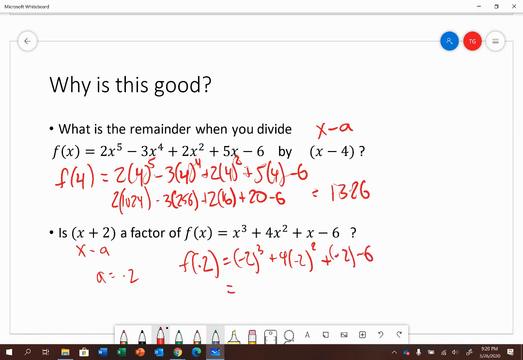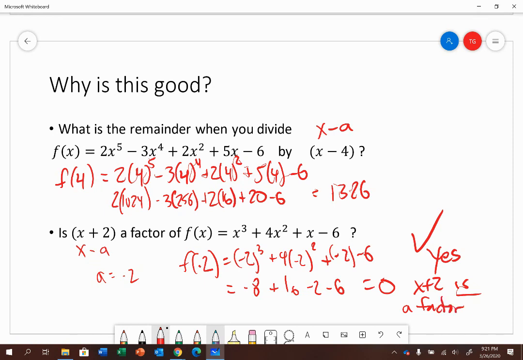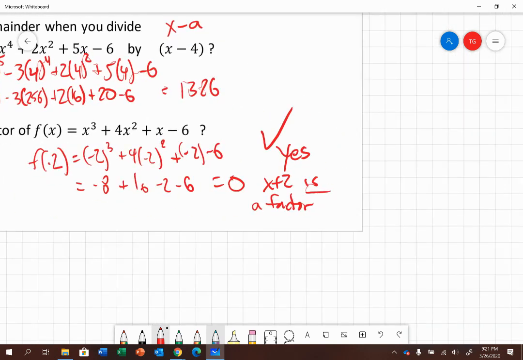So that would be negative 8, plus 16, minus 2, minus 6, and look, this is equal to 0. So it's true that x plus 2 is a factor. And that way we could do that without even having to do any division whatsoever.